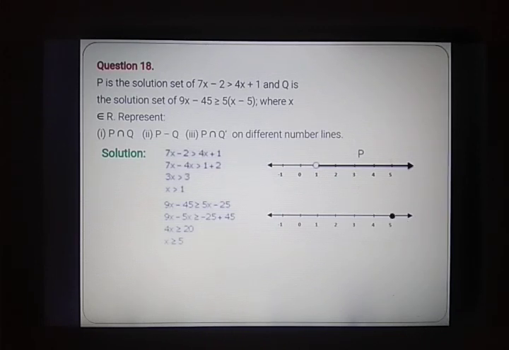So there's a dark circle at 5, and x is greater than 5, so greater than 5 means we have to go this way, and the solution set of this is represented as Q. So this way I have put a bold line, and this is my Q. Okay, so please make sure that you understand what is P and Q, because these two are very important for me, because using these two only I'll be able to find all these three.